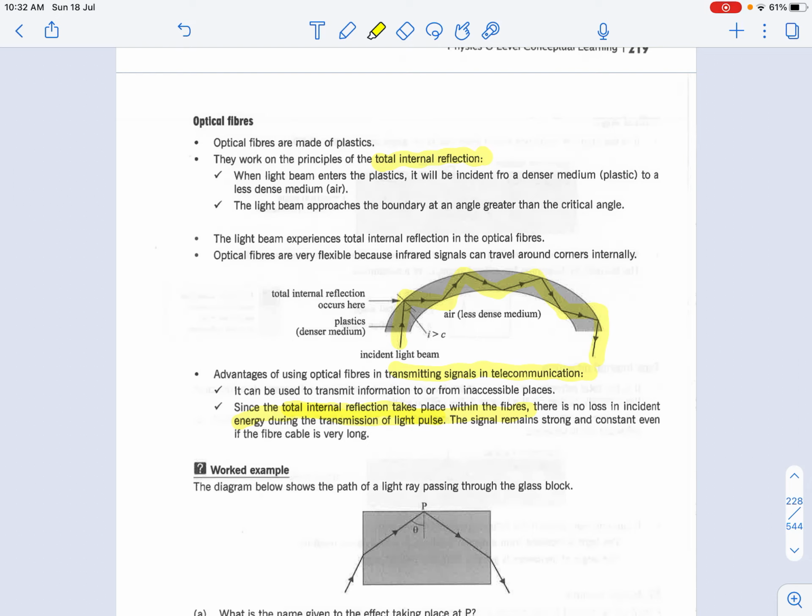Every time you talk, this information is converted to light signals that turn on, turn off, turn on, turn off to represent maybe a sound frequency, and this is then transmitted along the fiber optics to a receiver that is able to convert that into sound. So that's one way in which optic fibers can work.